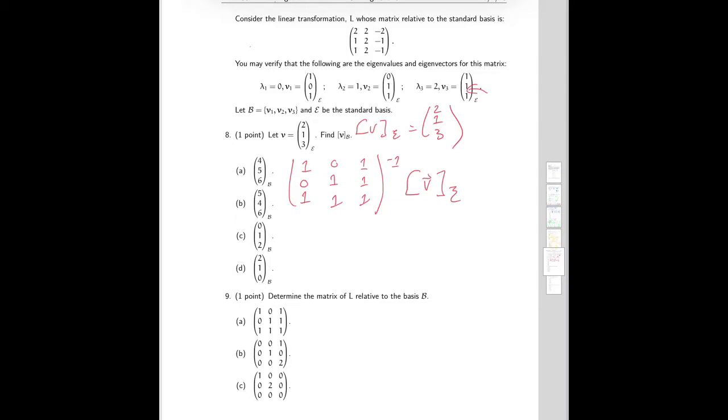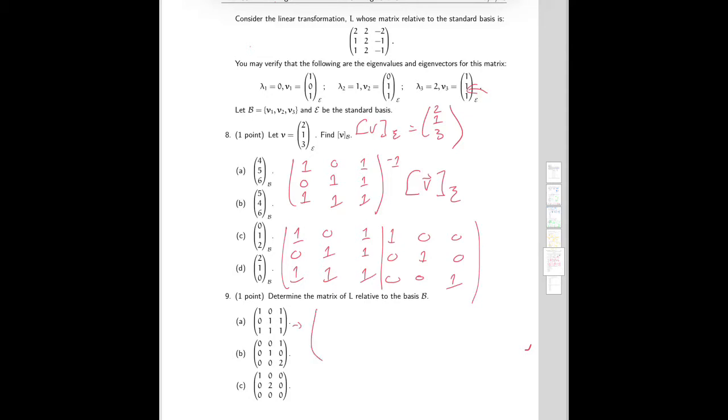So we first need to figure out the inverse of this matrix: 1, 0, 1, 0, 1, 1, 1, 1, 1. I'm skipping ahead. We've got to augment this with the identity matrix and row reduce.